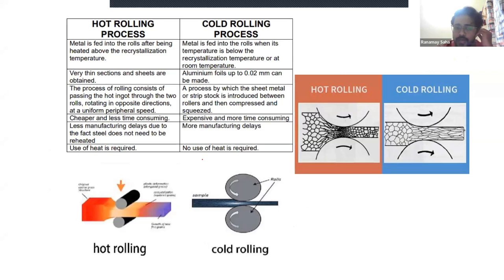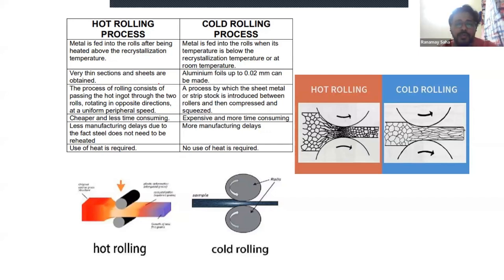If you are not acquainted with recrystallization temperature, it is the temperature after which there is an internal change of the grains. There is new crystal formation out of the old ones, and when this temperature is already crossed, then the material is fed into the rolls.